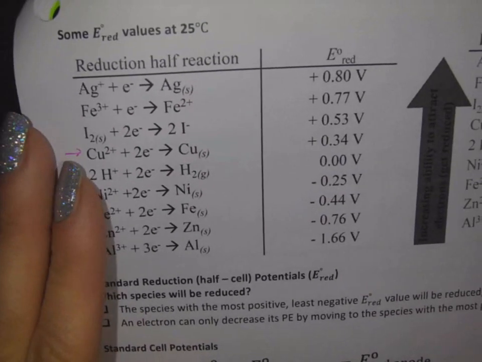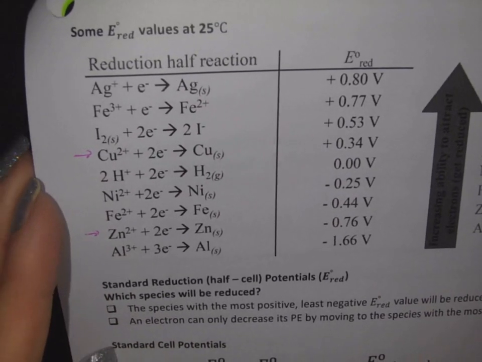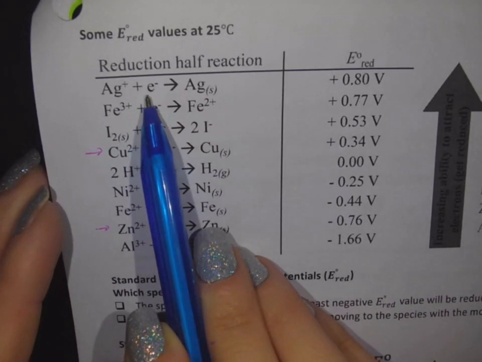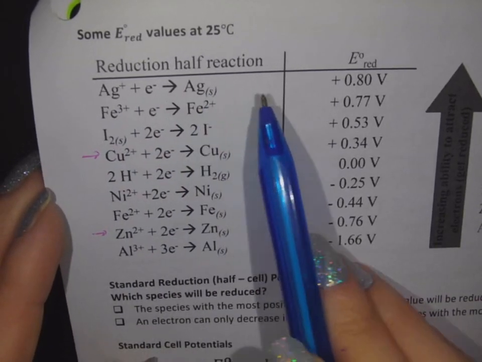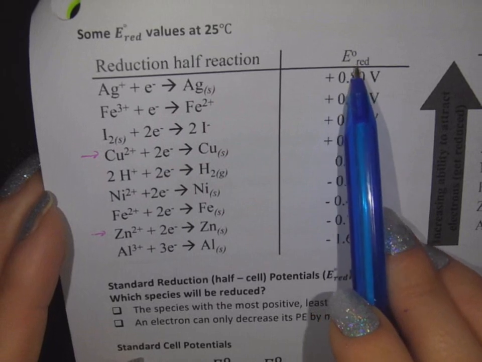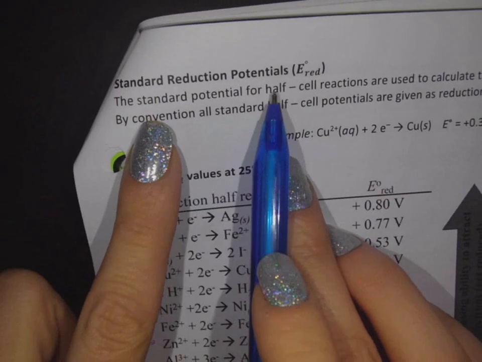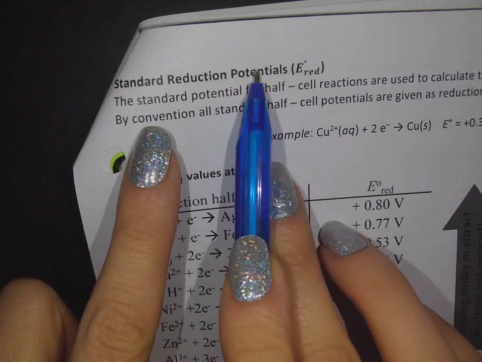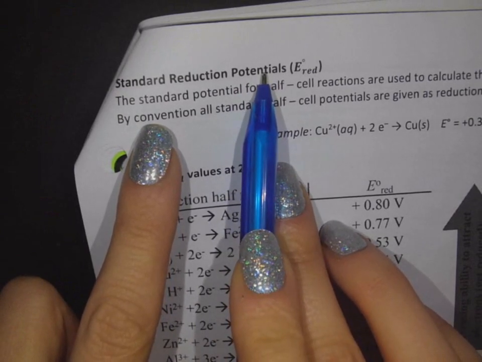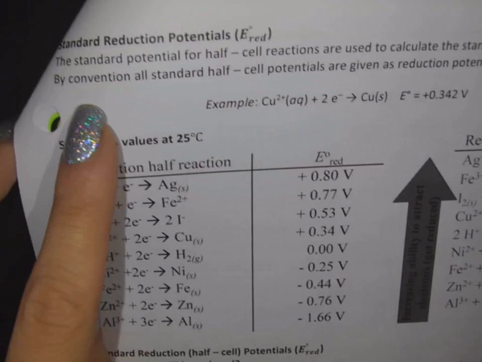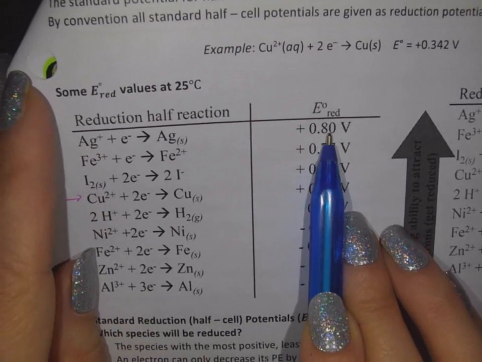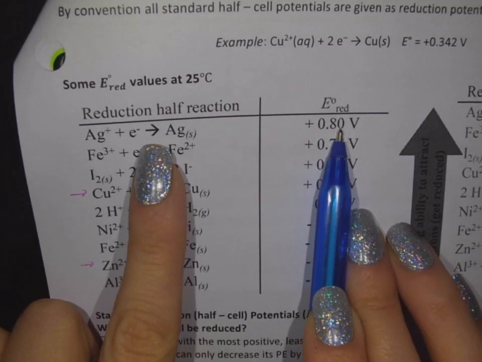And so all of these are reduction half reactions, where we have something that is gaining electrons. And then we see what the electrical potential, or cell potential, is, measured in volts for that half reaction.